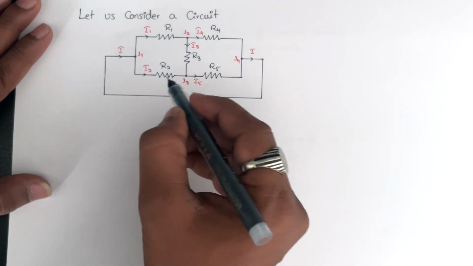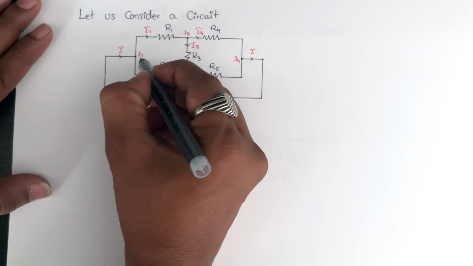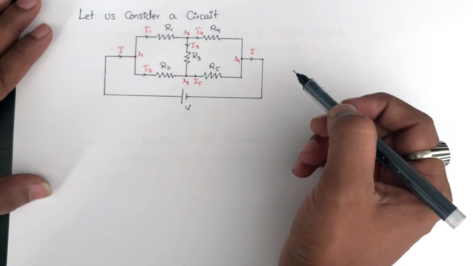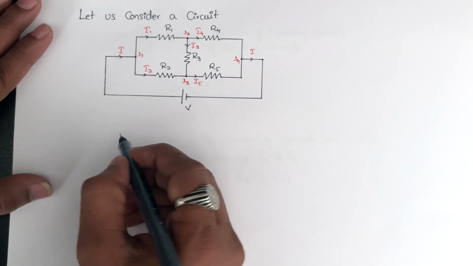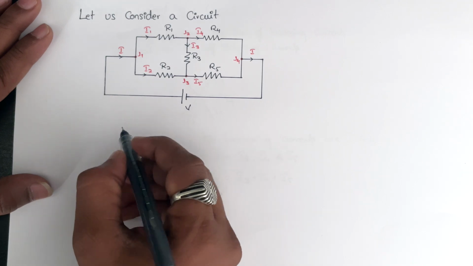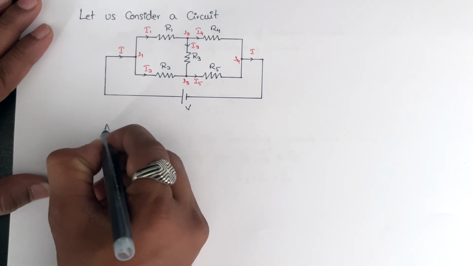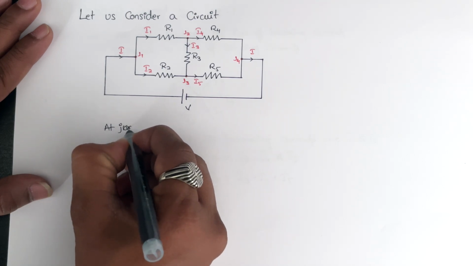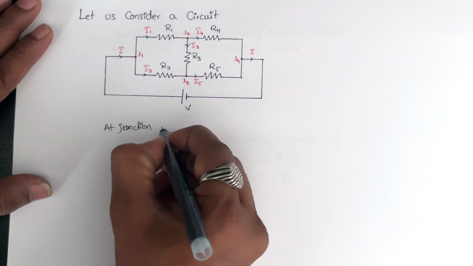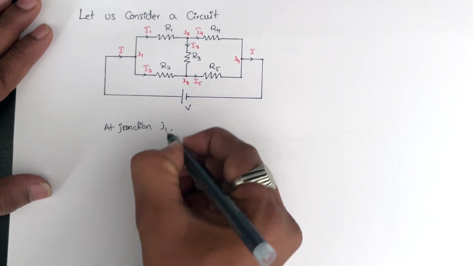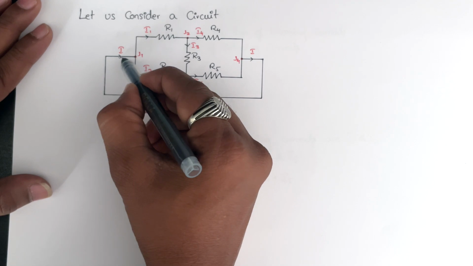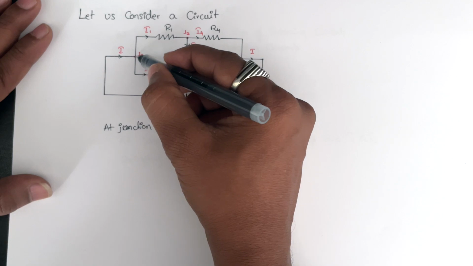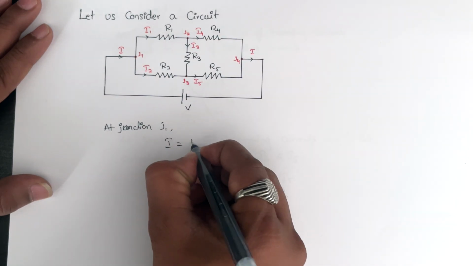Now, at this point, we do have junctions J1, J2, J3 and J4. Now, at any junction, as the statement said, let us start with junction J1. At junction J1, the incoming current is I. It will be equal to the current leaving the junction, I1 and I2.